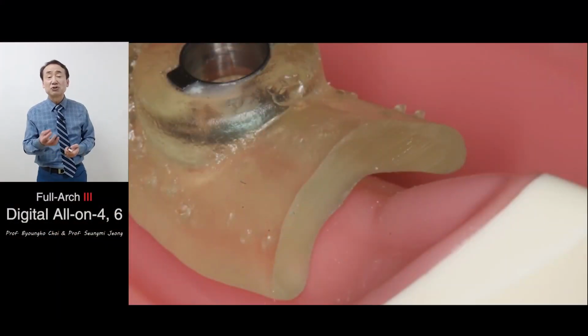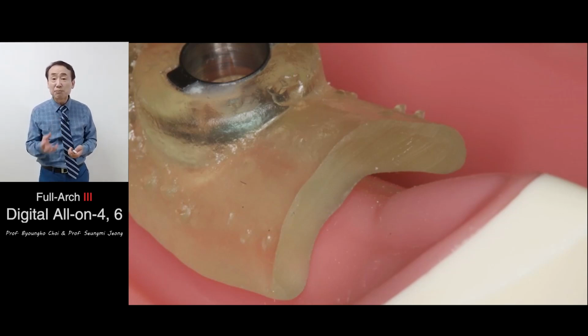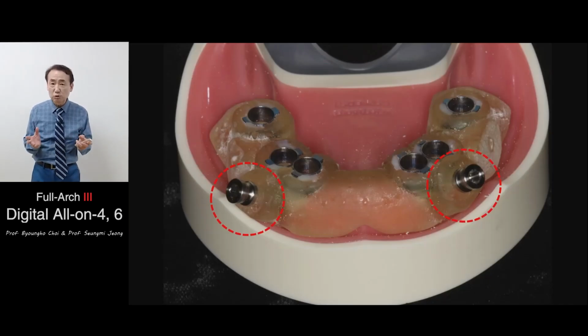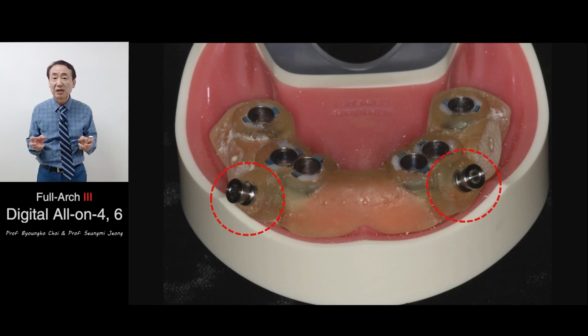If the surgical guide is dislodged, your implant placement can be displaced. We try to fix the surgical guide using 2 anchor screws that are placed symmetrically on either side of the surgical guide.